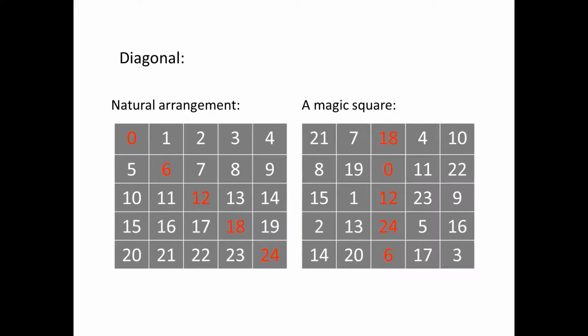From 0 to 6 in the magic square, down by 3 rows, or you can look at it in a different way: go up by 2 rows from 0 to 6, the second row to first row to the fifth row. And from 6 to 12, up by 2. From 12 to 18, up by 2. And 24, and back to 0.